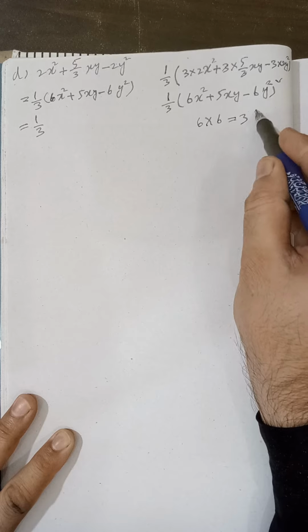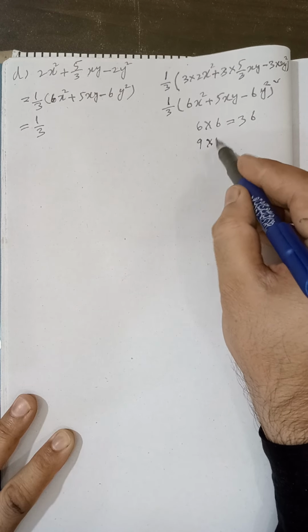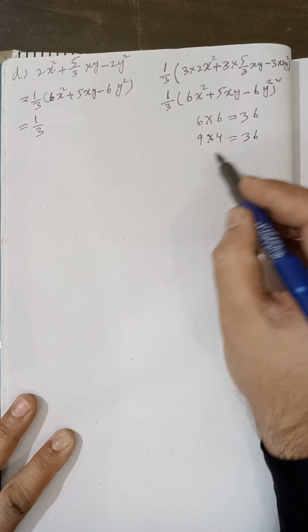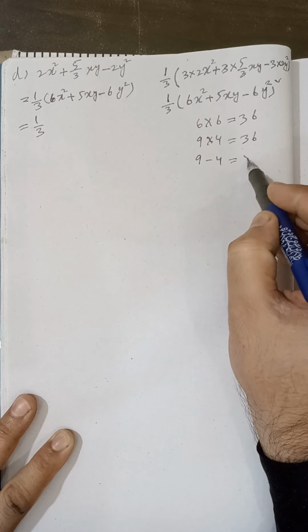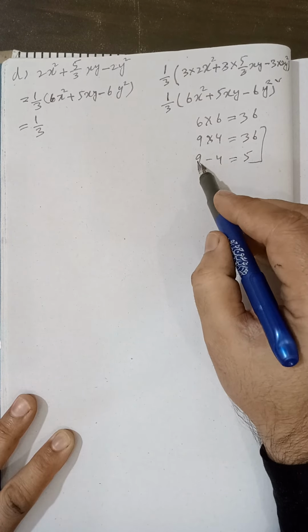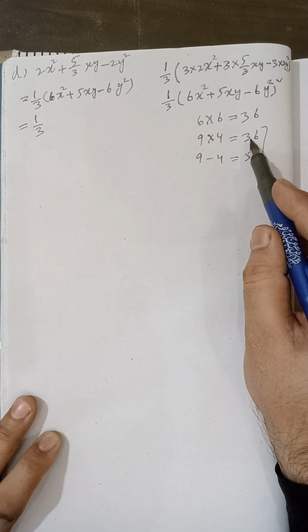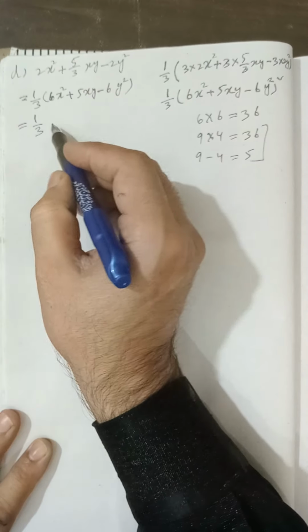6 multiplied by 6 is equal to 36, and you know that 9 multiplied by 4 is also equal to 36, and from 9 subtract 4, the answer is 5. 9 minus 4, the answer is 5, and 9 multiplied by 4, the answer is 36. Both the conditions are being fulfilled, so this is our pair.